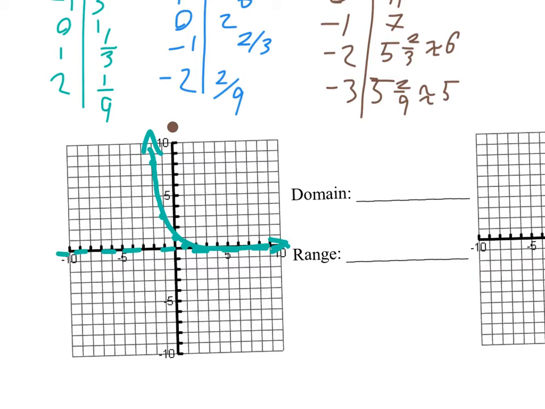So -1, up 7. -2 and approximately 6. -3 and approximately 5.